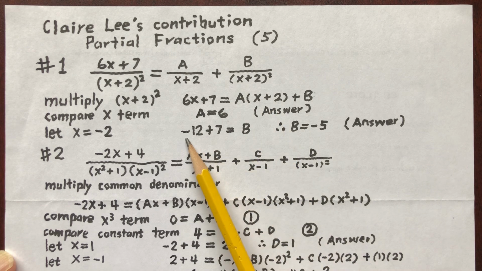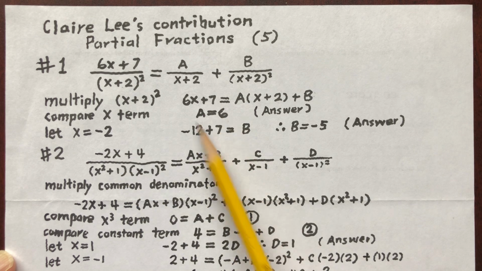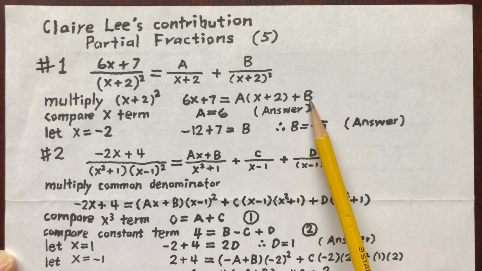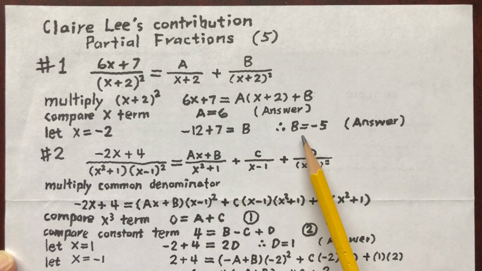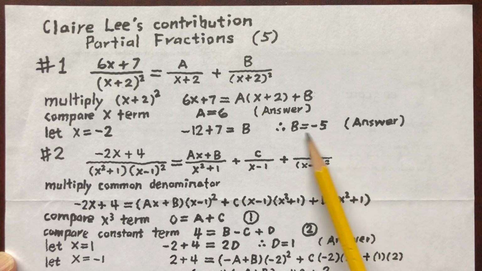Then I have this. So I have this on the left-hand side, and the right-hand side is just b. Therefore, b is -5. This is another answer.